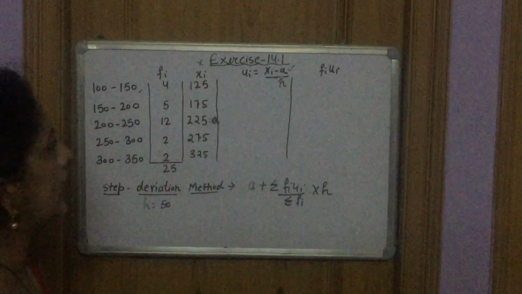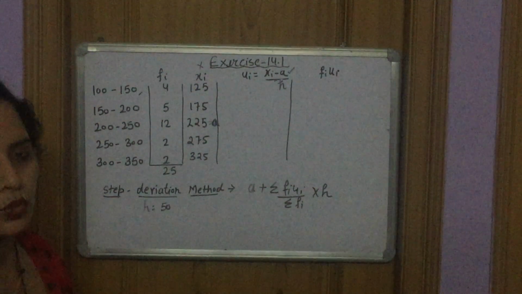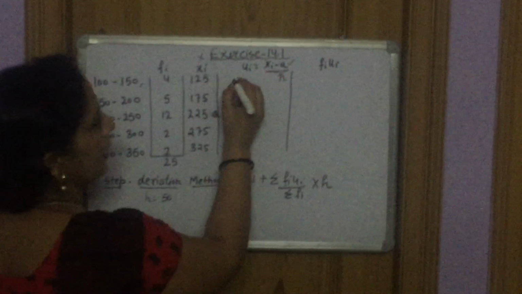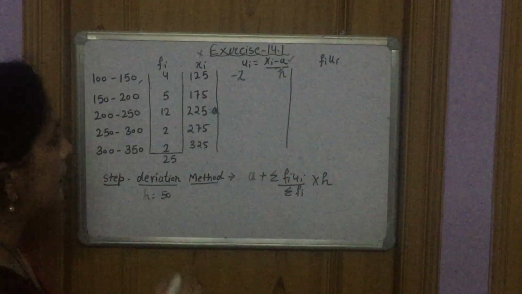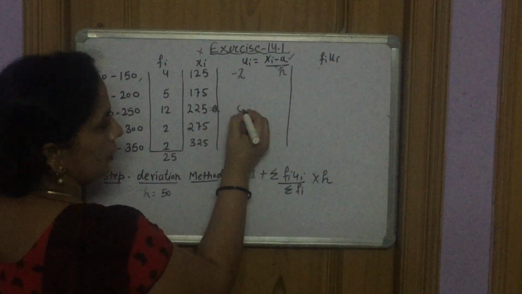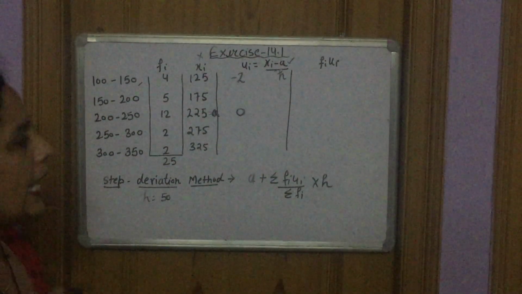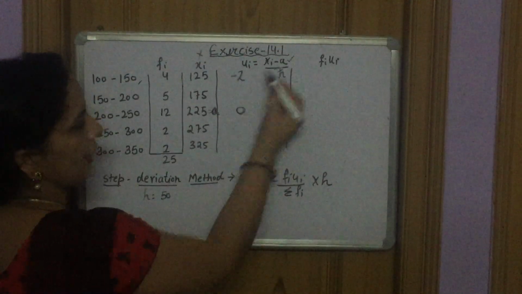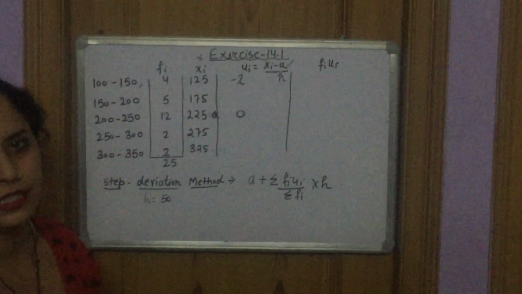So when we solve here, xi minus a, that is 125 minus 225, divided by h, that is 50. After that we will get the first term, minus 2. The term of ui in front of a will be 0 in every question, because here xi 225 minus 225 means 0, divided by h, then again it is 0.